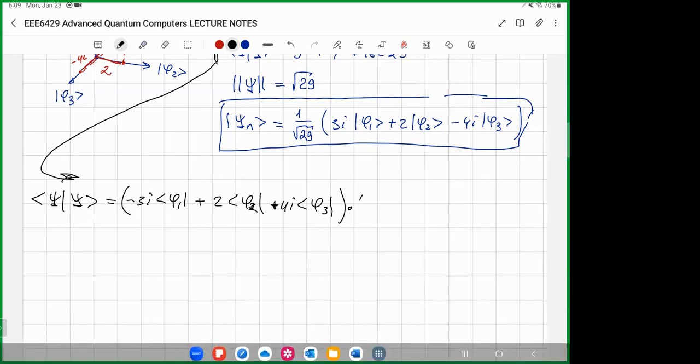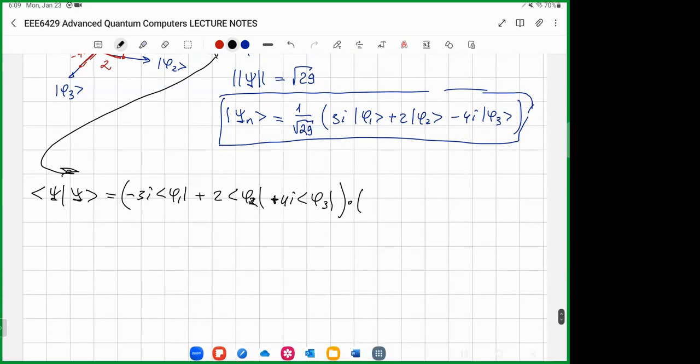So in the second part, it is 3i phi1 plus 2 phi2 minus 4i phi3. So I take the product of each component by each component.